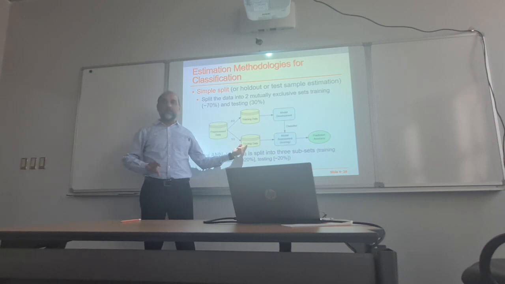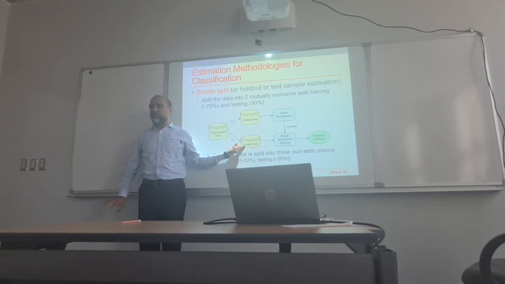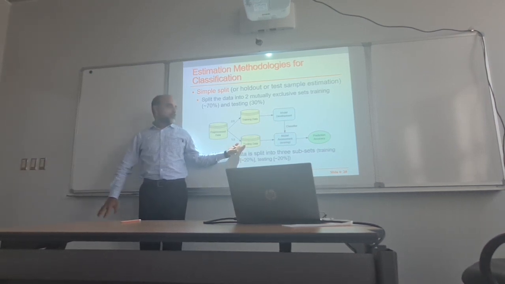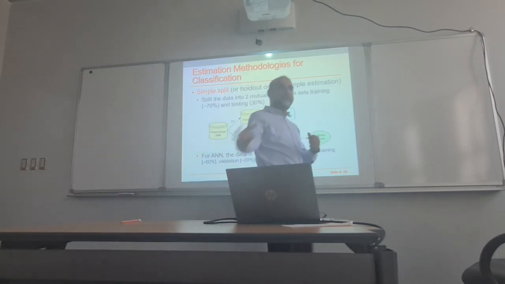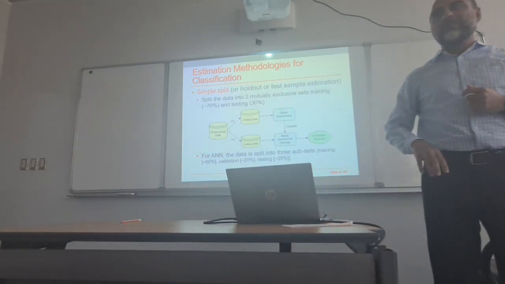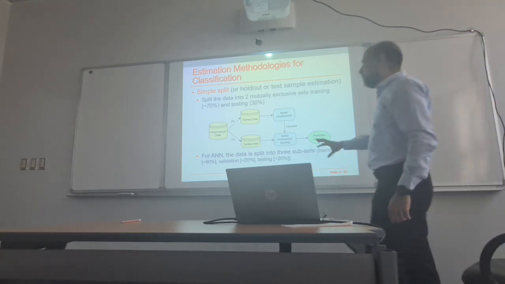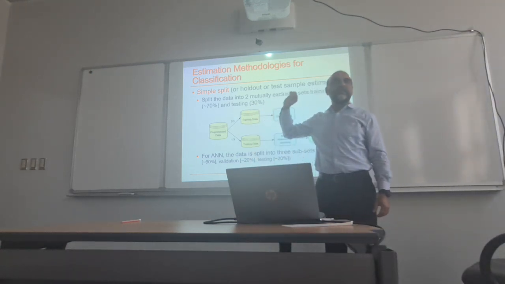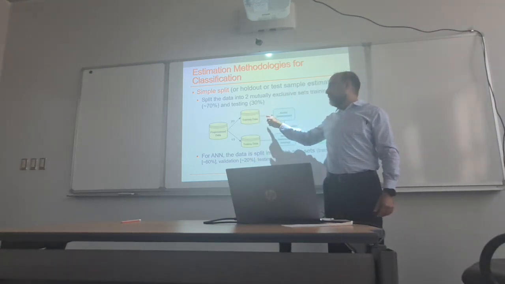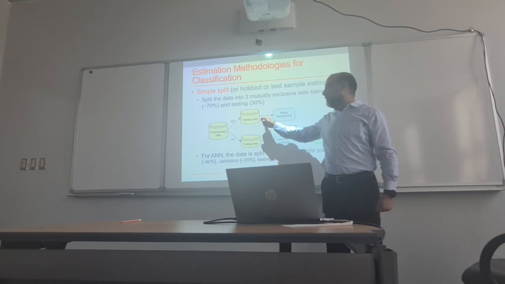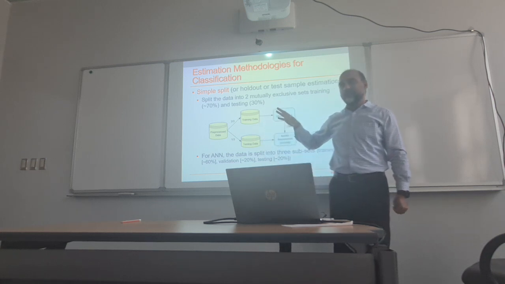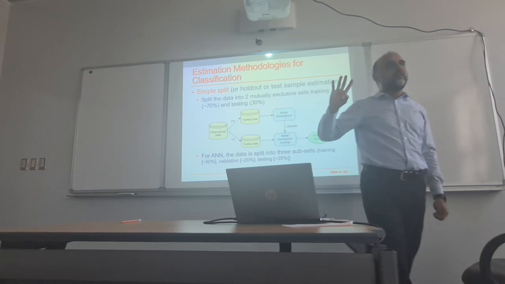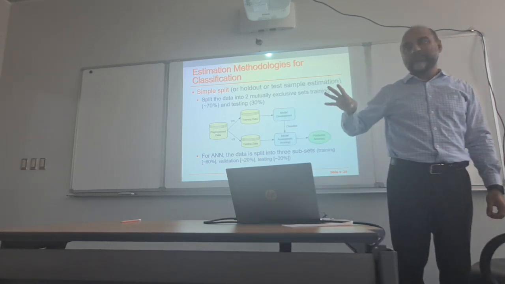And then use the remaining data that was not exposed to the model to test and validate. See, if I bring this new data, is it going to give the same performance as the training data or not? And the rule is very simple, I told you. If the error here and here is approximately the same, you have a very good fit.